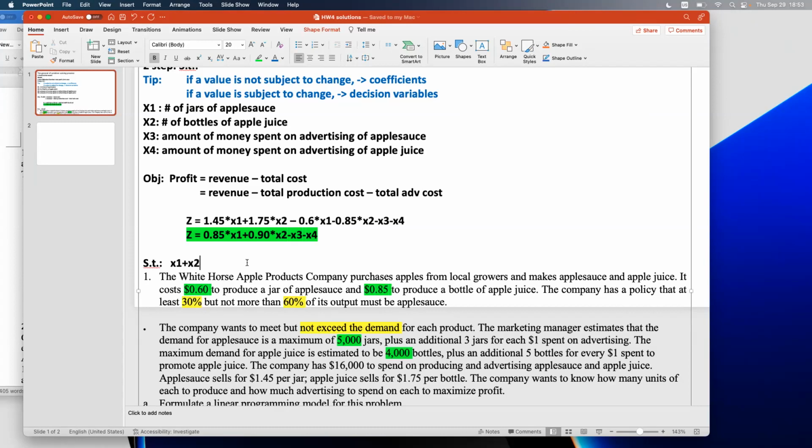Because it only sells these two products. And the ratio of applesauce is X1 over X1 plus X2. So the ratio should be at least 30%, but no more than 60%. So that's our first constraint.